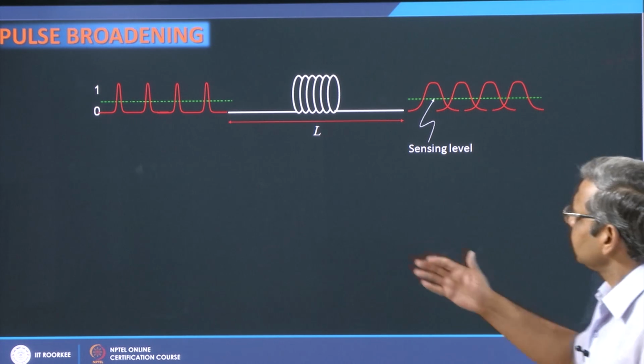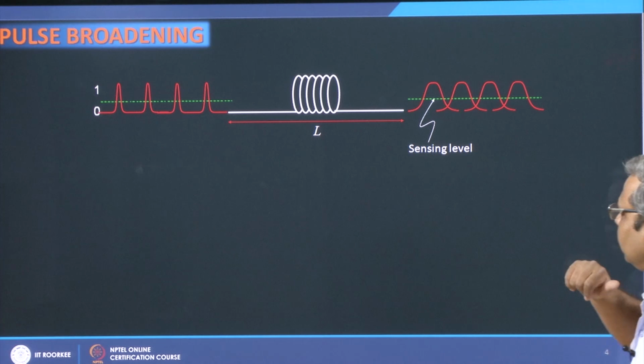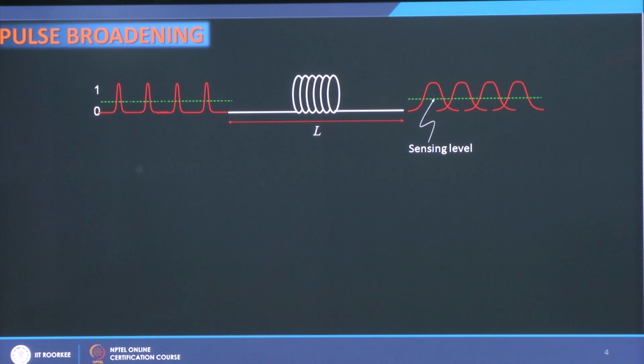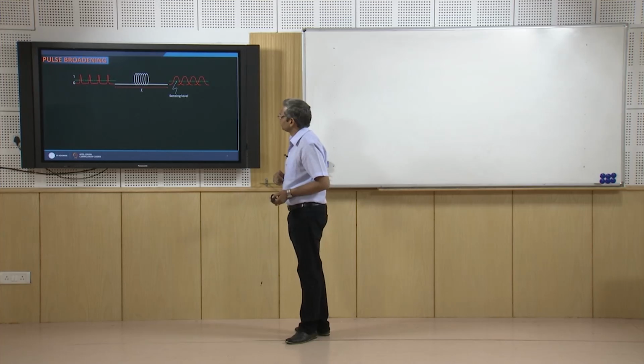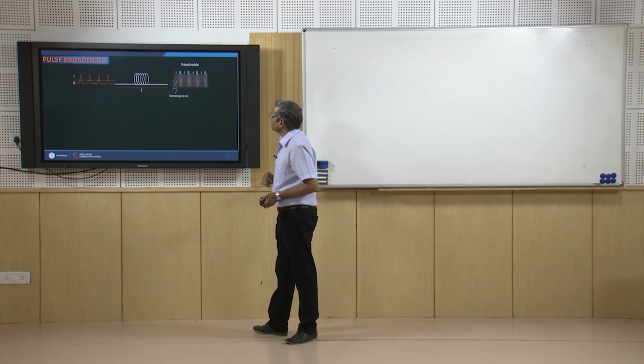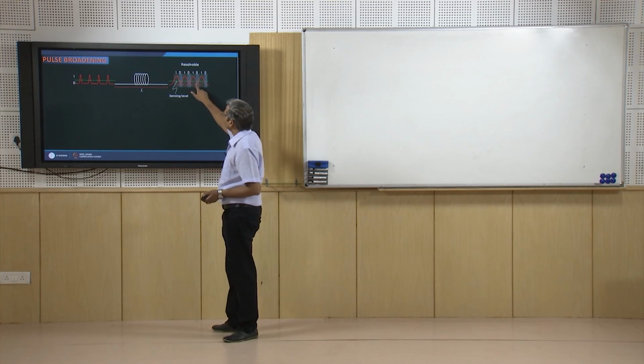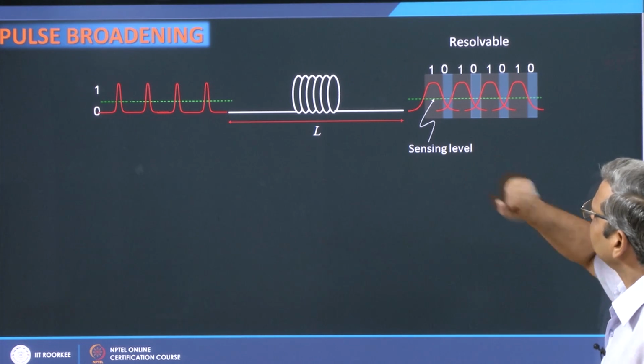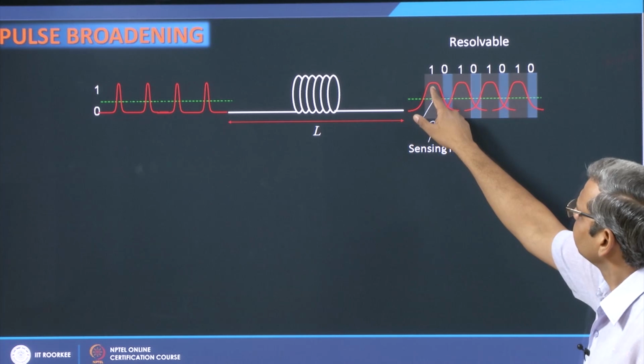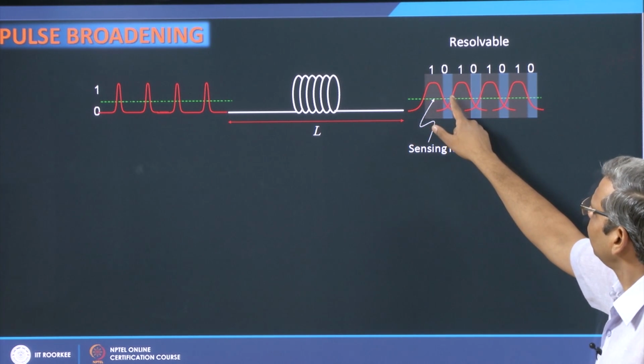So, when I send this pulse train through L length of optical fiber, then the pulses become like this, and in this particular scenario, if this is the sensing level, then this is the high pulse, this is low.